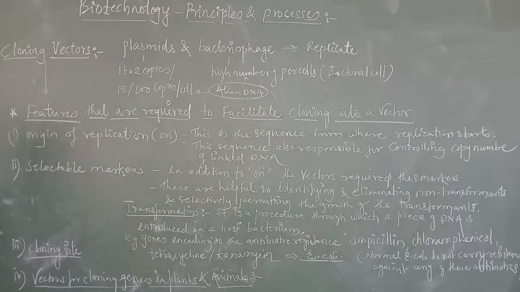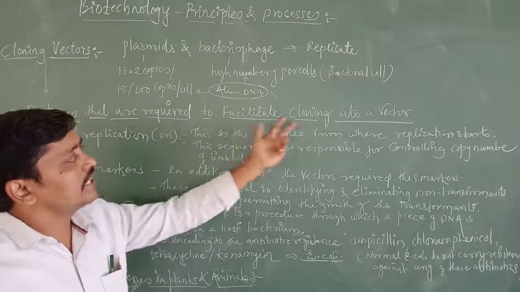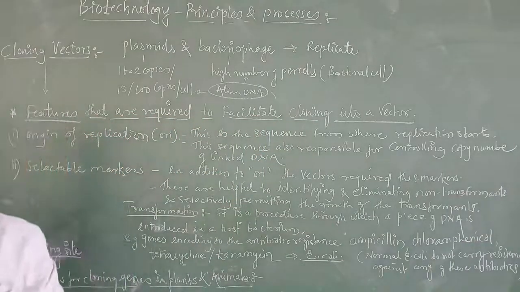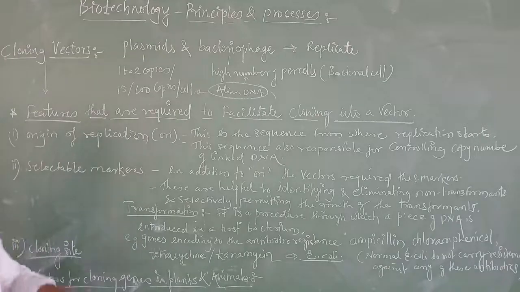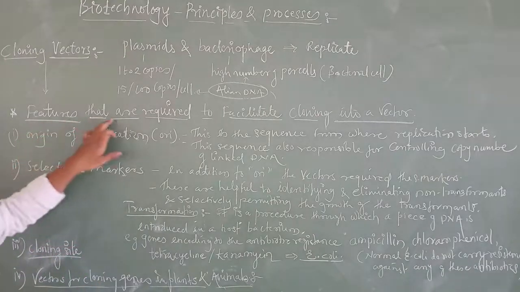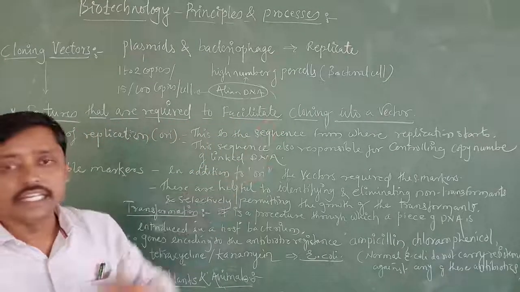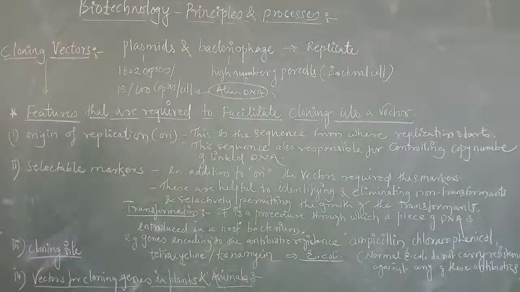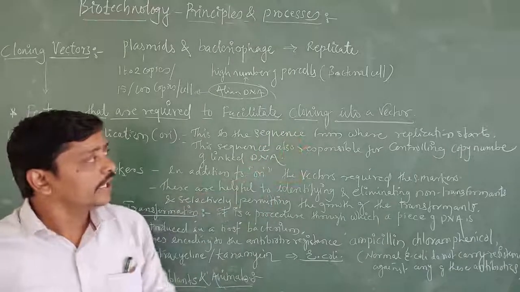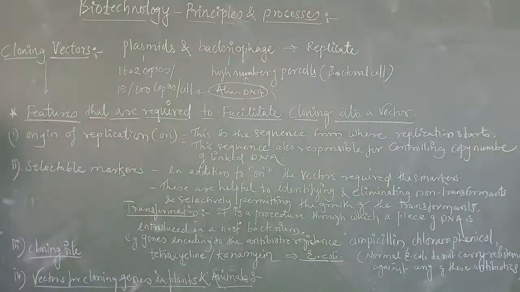Now, the next point we are going to study is the features that are required to facilitate cloning into the vector. Here we are going to study four different features of a cloning vector.